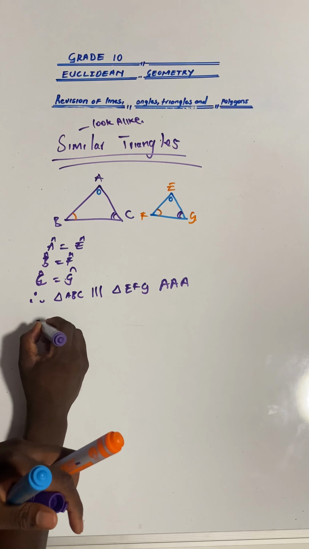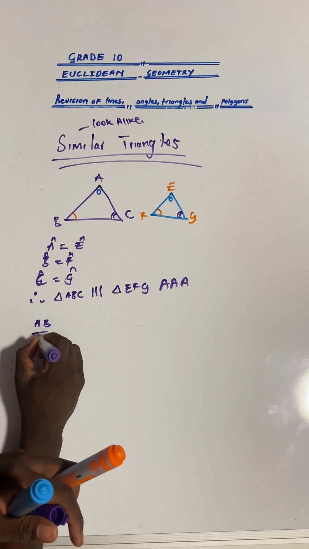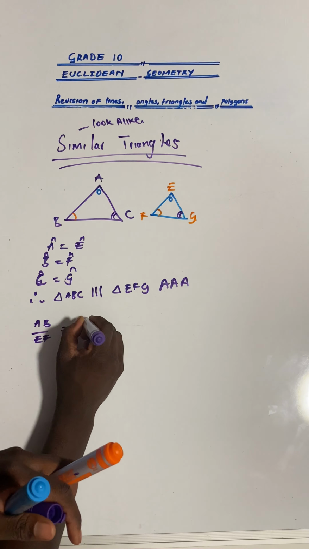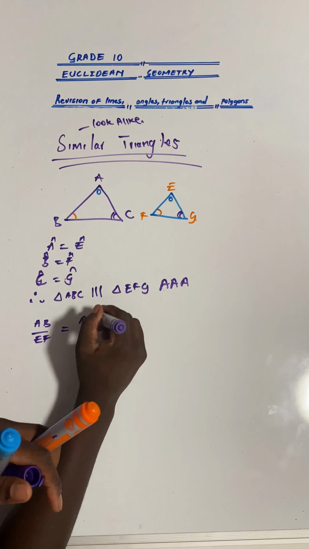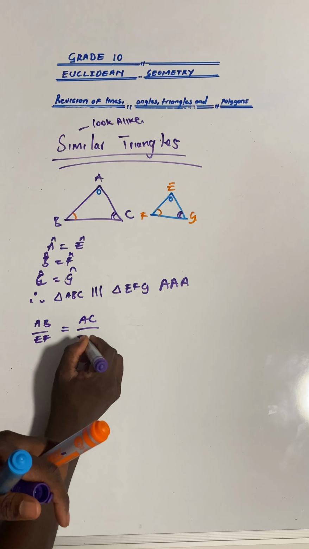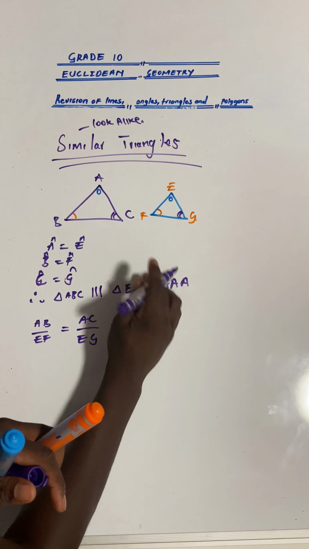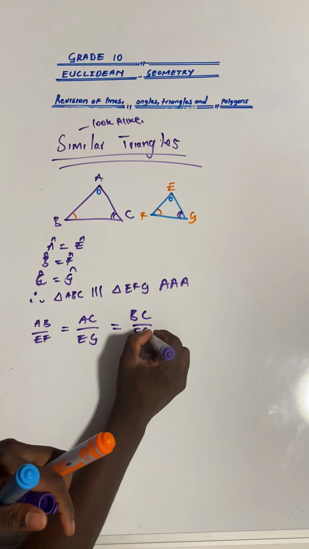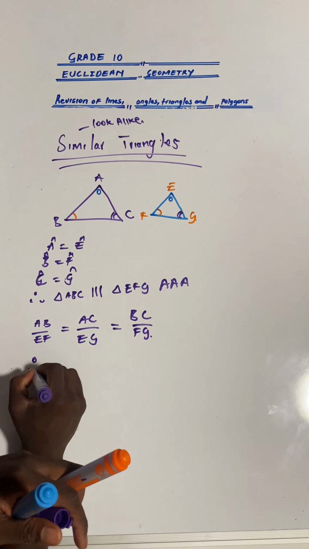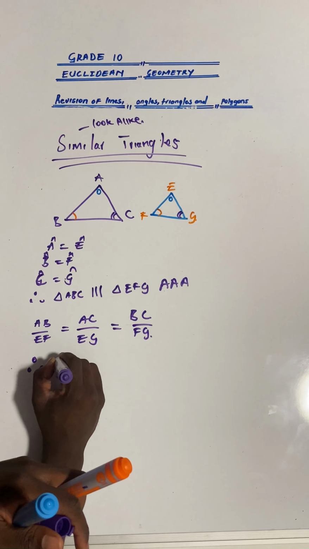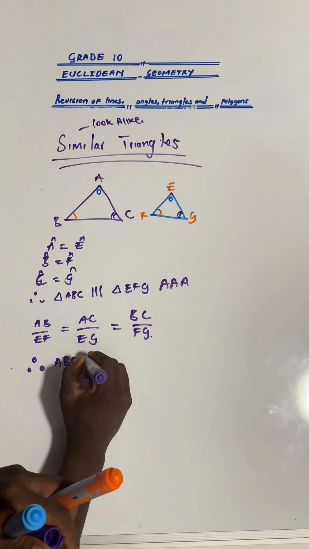So here we say that AB over EF is equal to AC over EG, which is equal to BC over FG.